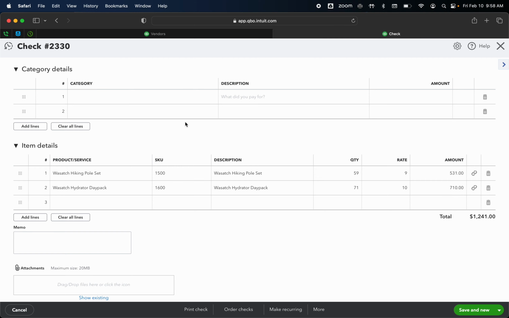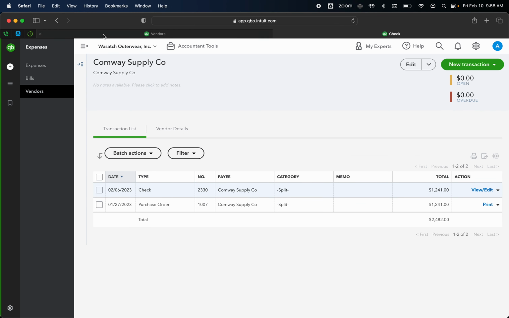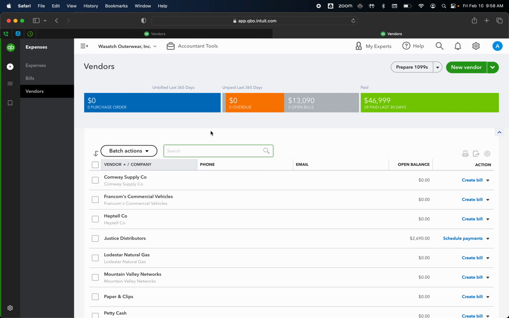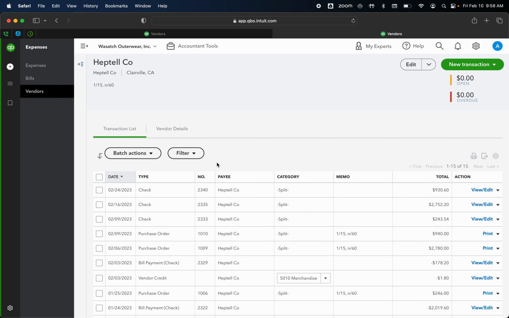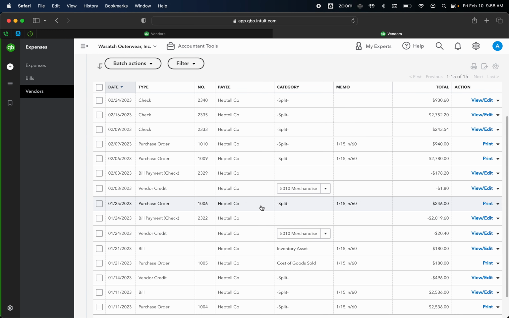So I might have corrected it. What about Heptel? 246. So your inventory might be correct on that 246, but it never touched AP. And here's the purchase order for 246, and then the check.